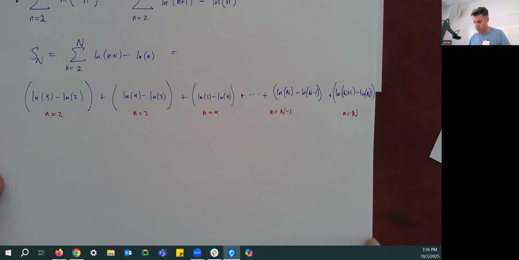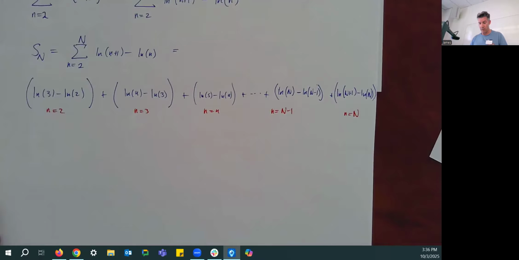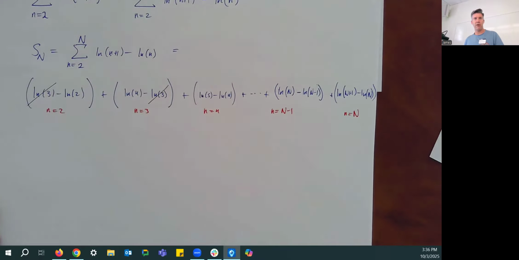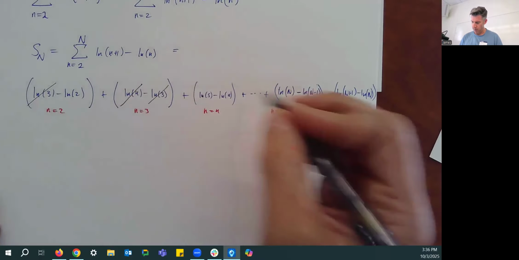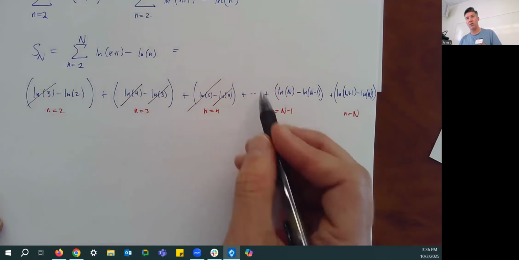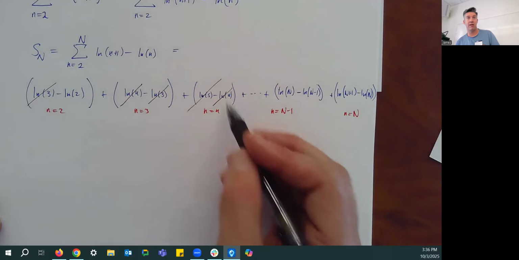But now look, many, many terms cancel out. The natural log of 3 and the negative natural log of 3. The natural log of 4 and the negative natural log of 4. The natural log of 5 and the negative natural log of 5 that would have been in the next term that we didn't write down.